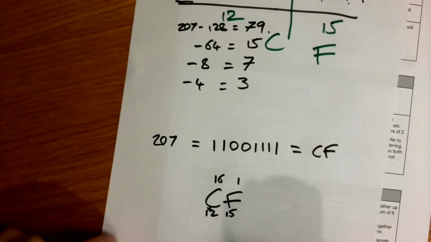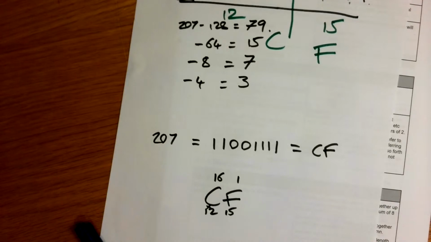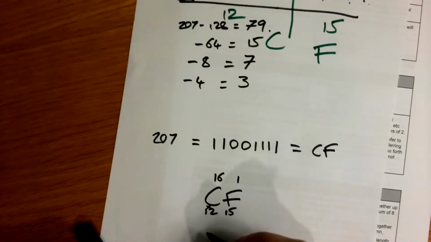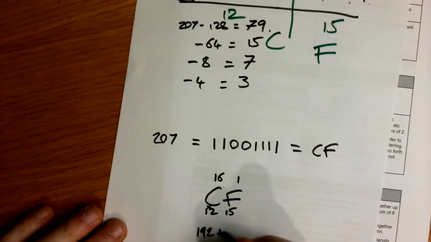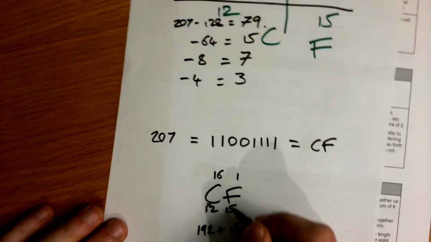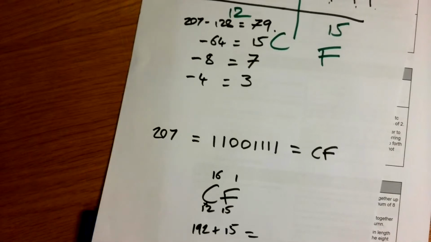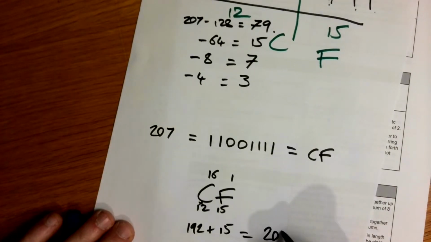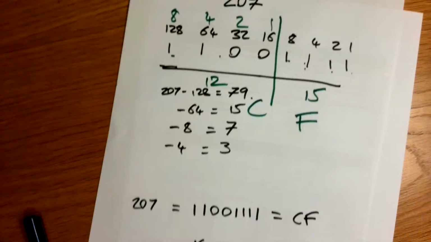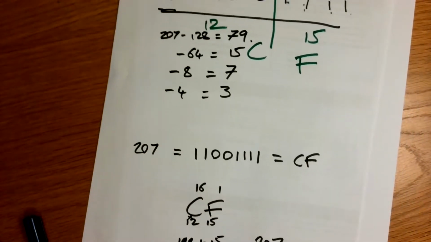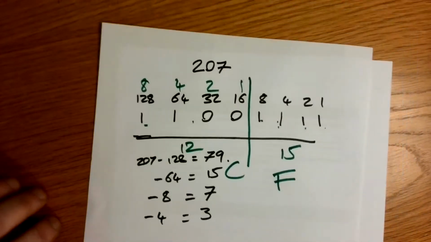So 16 times 12, any of you maths people out there, is 192, plus 1 times 15, gives you the answer 207, which interestingly equals the number that we've got written at the top. So that's how everything links together, and that's how we can calculate binary and hexadecimal and make that work.